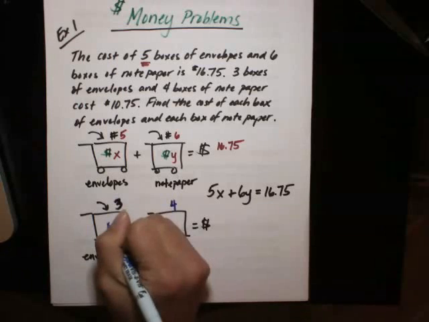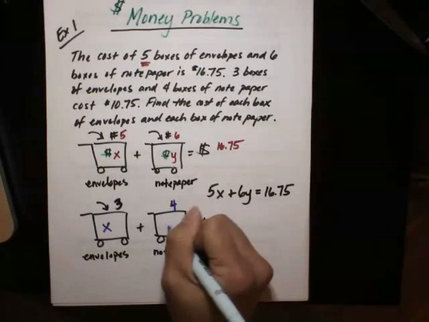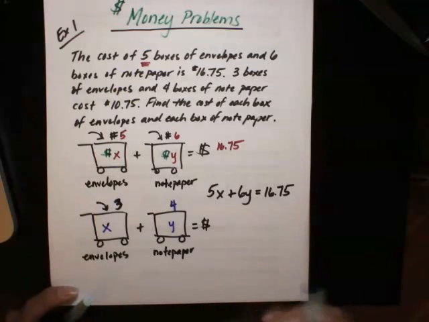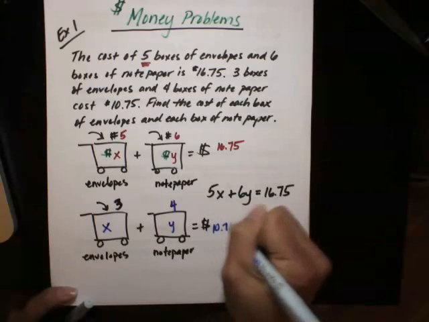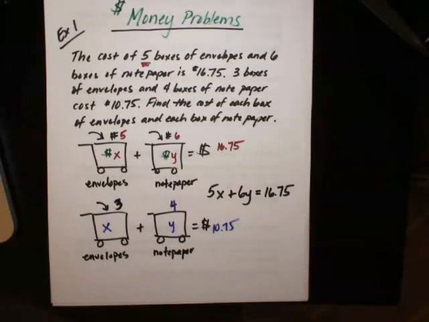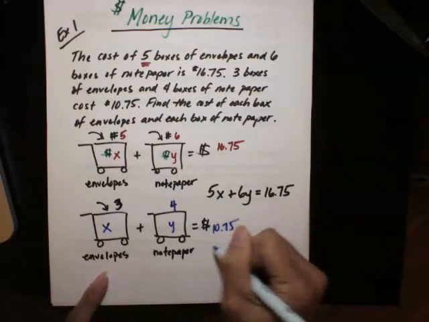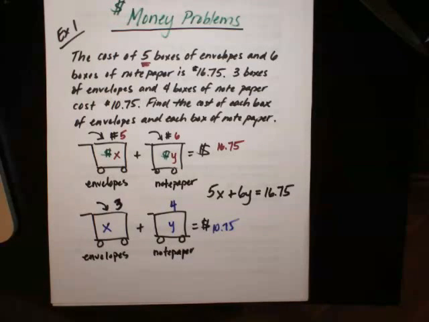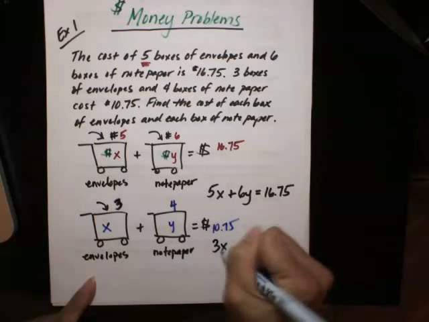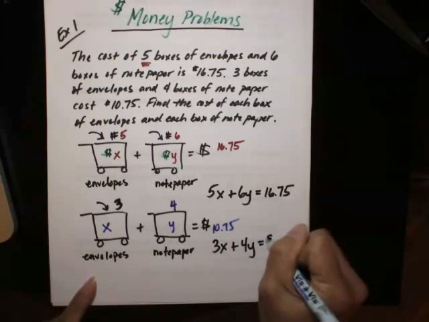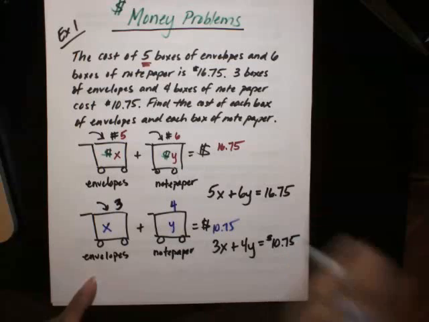Again, I don't know what it costs, so it's going to be X. I don't know what the notepaper costs, so it's going to be Y dollars. And the total is 10.75. I'm going to do the same thing here, multiplying down, adding across. Multiplying down, 3 times X will give me an equation, 3x plus 4 times y, 4y, equal to a total of 10.75.